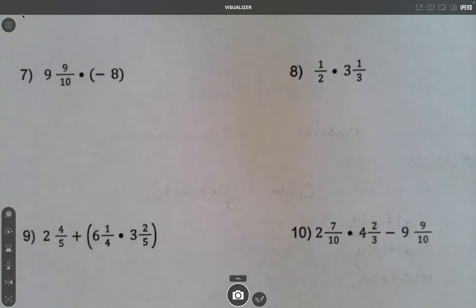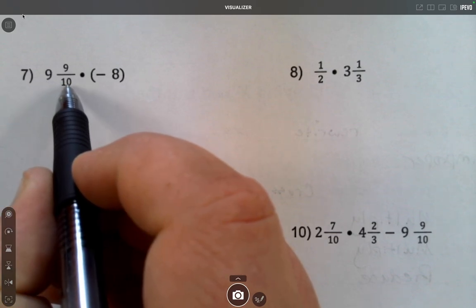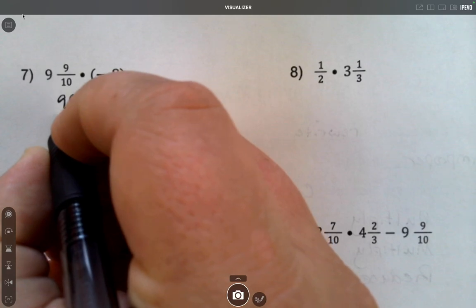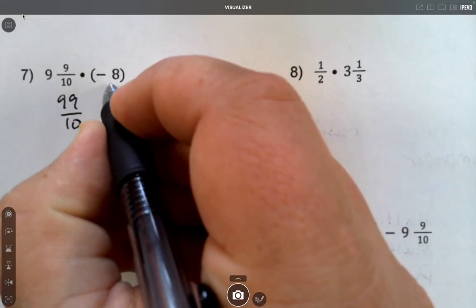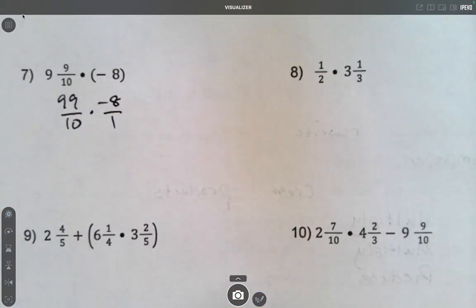Okay, so now we do have to change this to an improper fraction. 9 times 10 is 90, plus 9 is 99. And I'm going to change this to be a fraction just by writing it as negative 8 over 1.